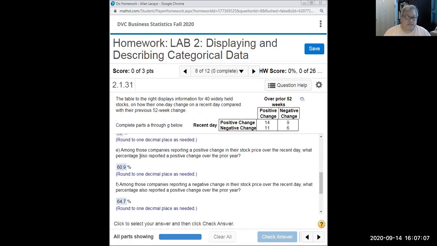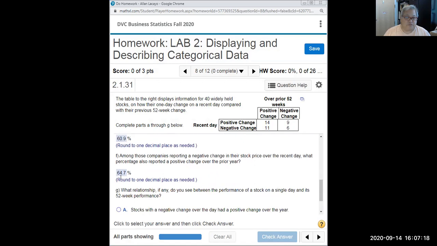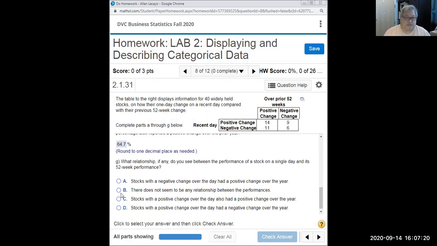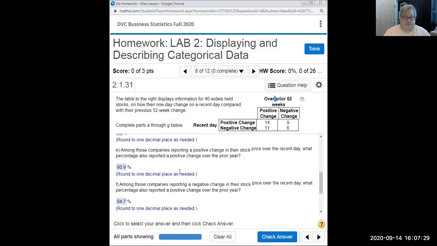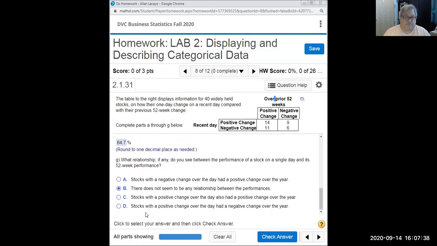I'm going to notice that these last 2 percentages, which were row percentages of positive changes over the prior year, are very similar. This is about 61% to 65%. So there does not seem to be any relationship between the performances by recent day and by year, due to the fact that the percentages of stocks that behave in these ways are pretty comparable, 61 to 65%.